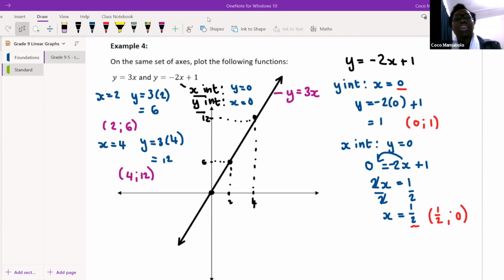All right. The rest of you guys can quickly answer the poll, and then Tiana, you and I are going to plot this graph. Okay. So we're going to go to our y-axis and start with that one. It's going to be on the y-axis at 0 and 1. So this point here, 0 and 1. And then the other one, where's the x-intercept going to be?